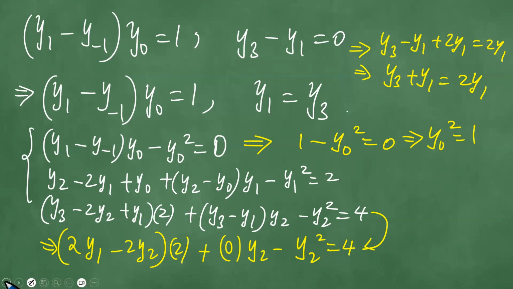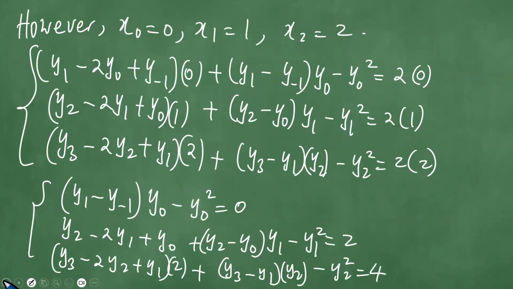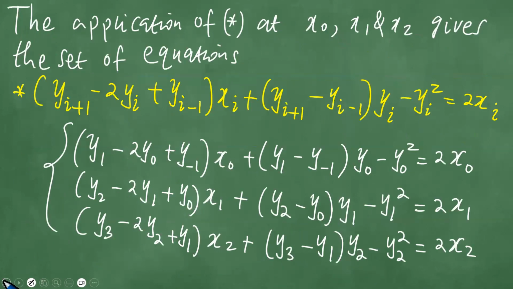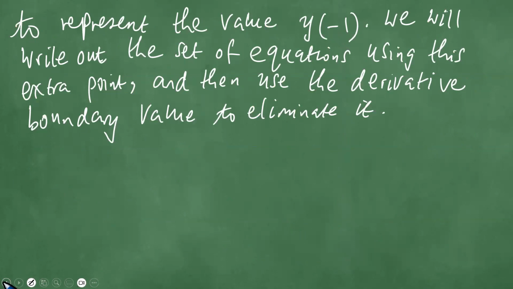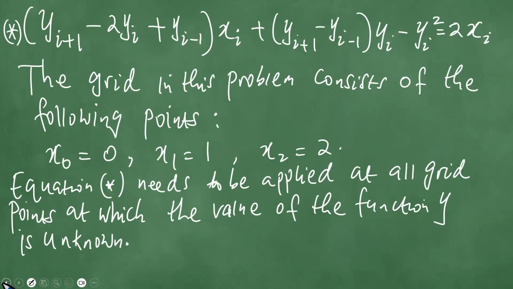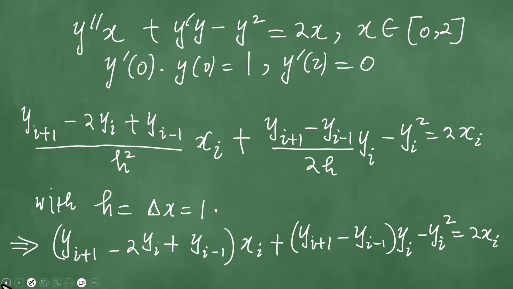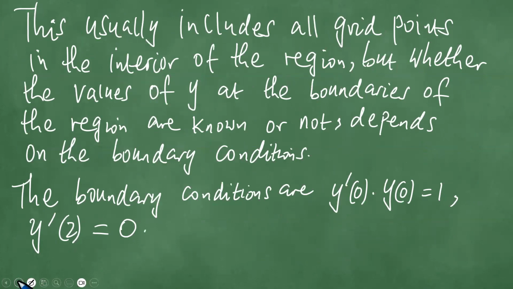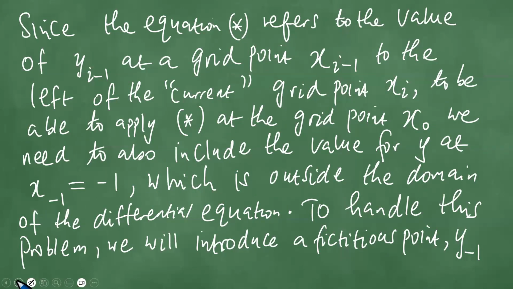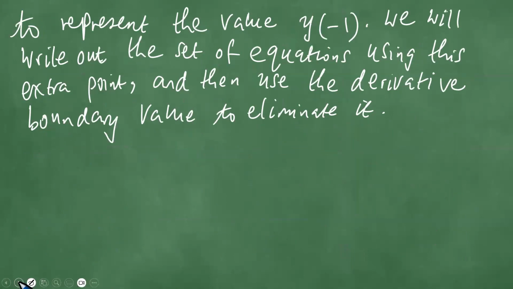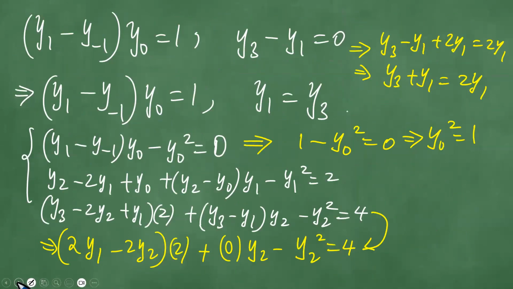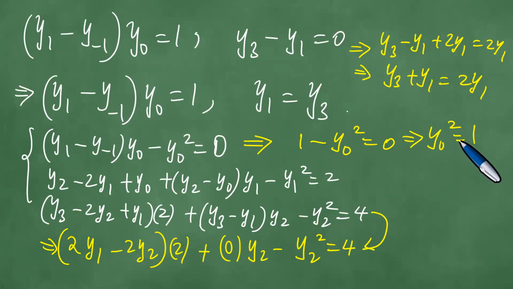Very interesting, we have just a square term here, because of the y squared. Normally these are quite linear, but that's what we have. So we have therefore that y0 squared is 1.